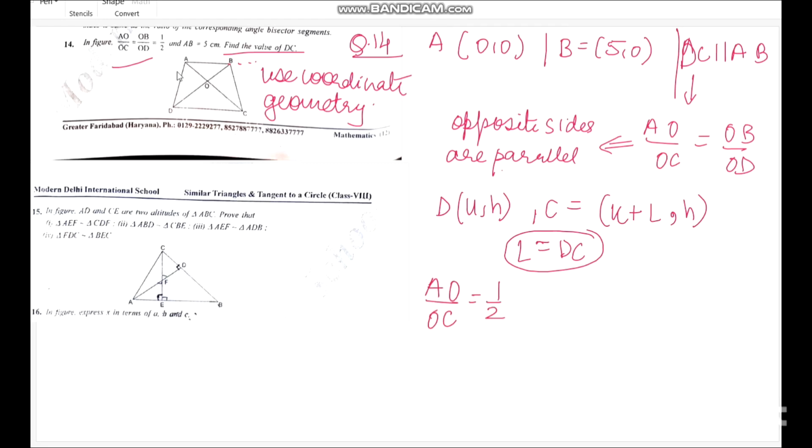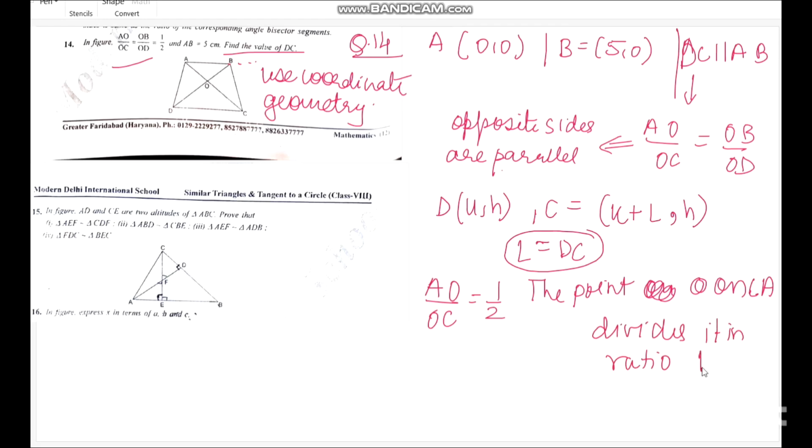So I will say that the point O on AC divides it in the ratio 1 is to 2, like this. Okay, so I can say that O is equal to A plus 1 by 3 of AC, which is equal to the coordinates (u plus l) by 3 and h by 3.